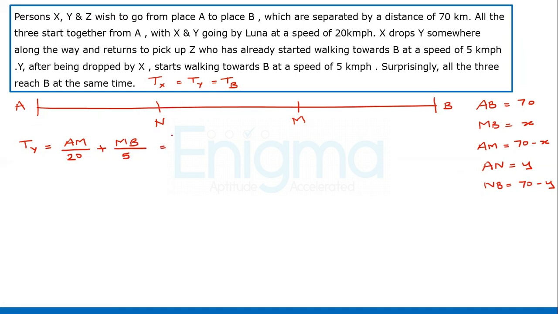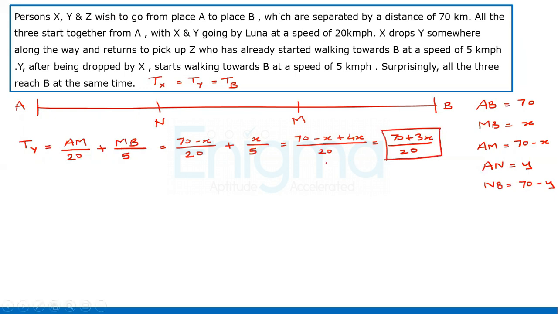So this becomes AM, which is 70 minus x, upon 20, plus MB, which is x upon 5. Making the denominator as 20, we can simplify this as 70 minus x plus 4x upon 20. That is 70 plus 3x upon 20. So we can say this is the time required for Y to reach the destination B.